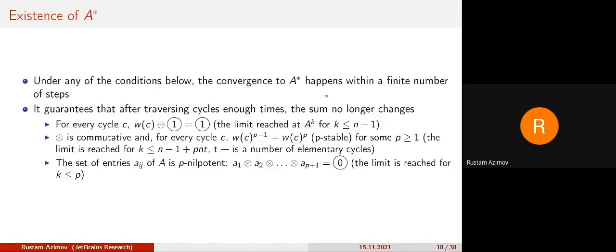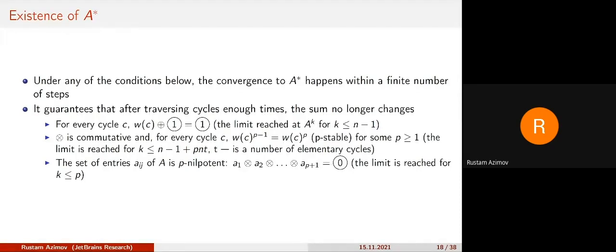And let's give some conditions for the existence of this solution. If one of these conditions holds, then we have convergence to A star within a finite number of steps.